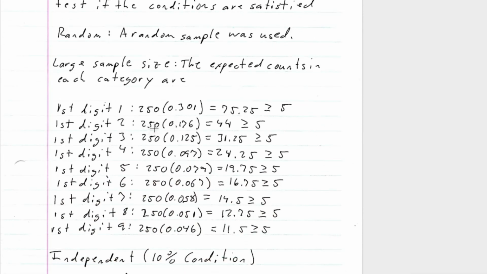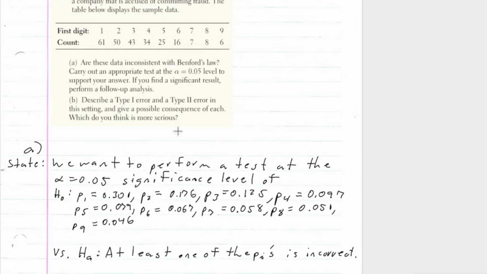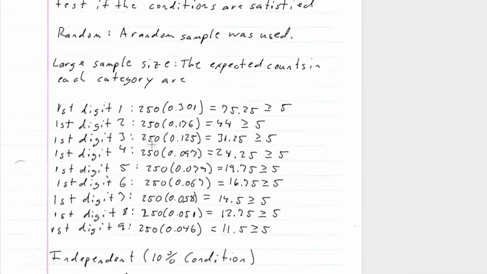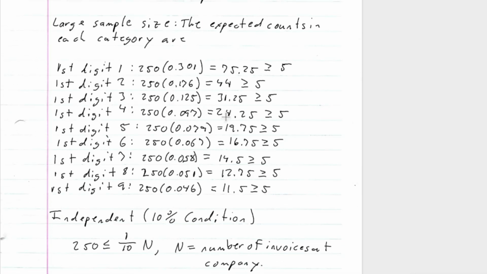The second digit is 250 times 0.176, which is 44. It's a pretty big discrepancy. And so on. First digit 3, 250 times 0.125 is 31.25. 250 times 0.097 is 24.25 for the first digit being 4. I believe that's a huge discrepancy too.